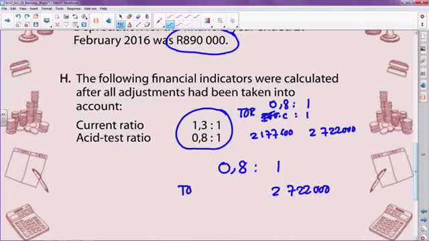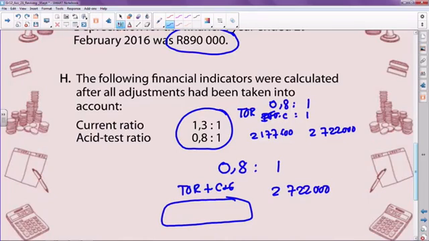Trade and other receivables plus cash and cash equivalents. Then I calculated this missing figure by taking the 2,722,000 and multiplying it by 0.8. Once I've ascertained that figure, that gives you two components, receivables plus cash and cash equivalents.